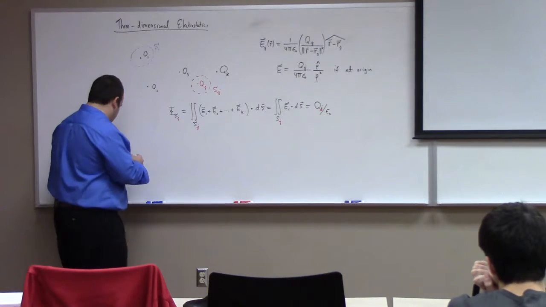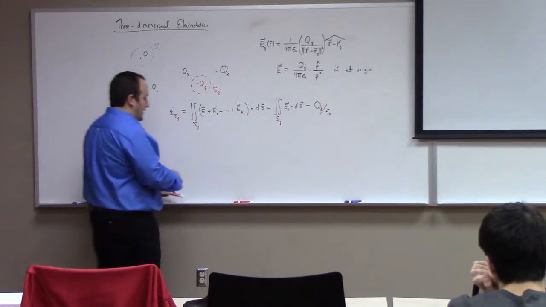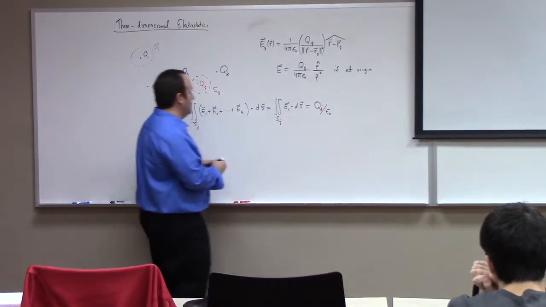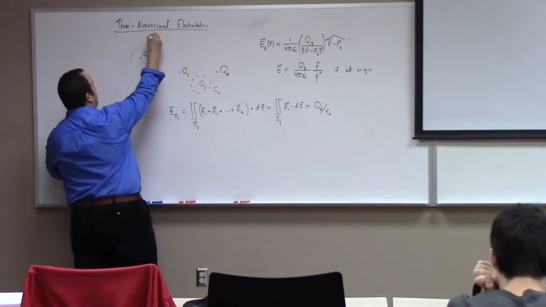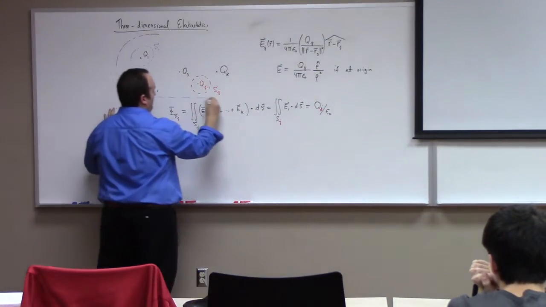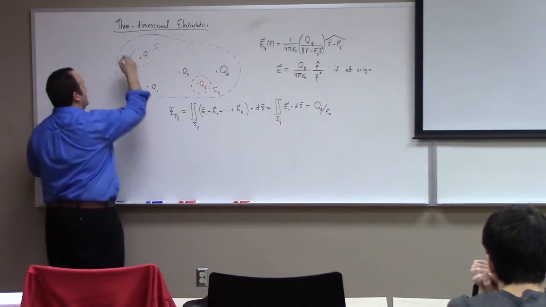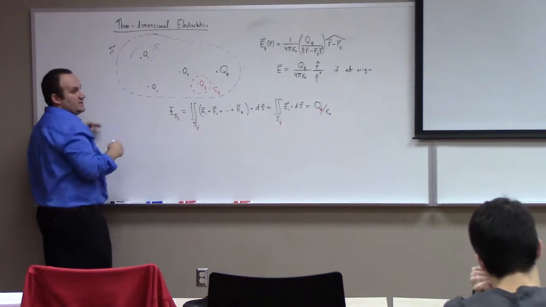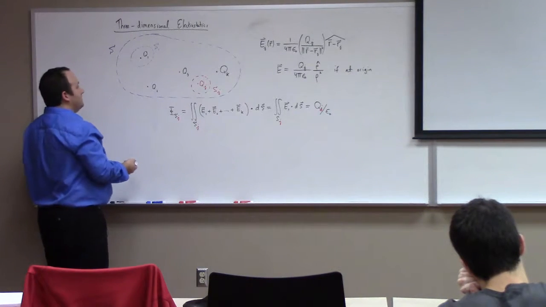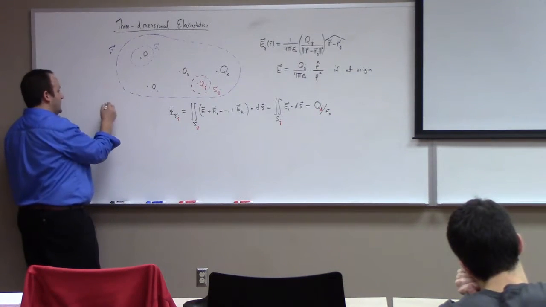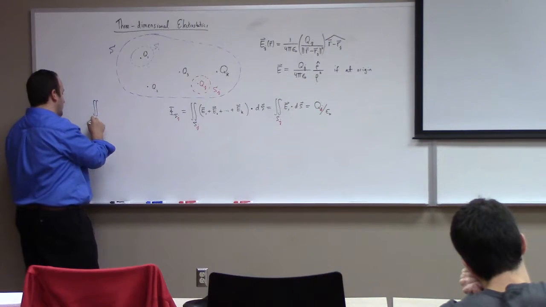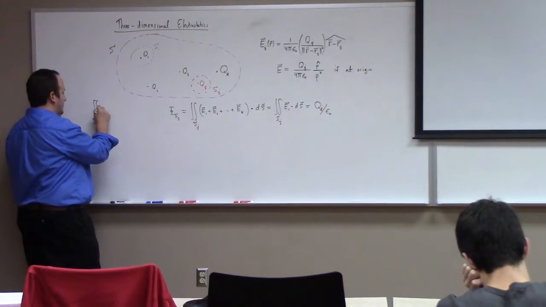Then I can imagine taking a bigger surface like this one. It's hard for me to draw three-dimensional surfaces, so I'll just draw a two-dimensional one. A big surface which encloses all the charges, right? And I can calculate the flux through the big surface of the total electric field.